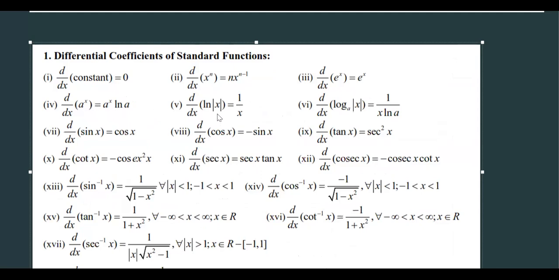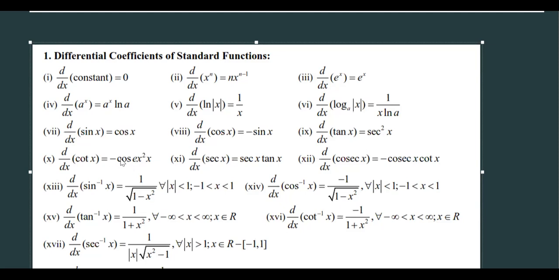Derivative of log x is 1 by x, and log mod x is also 1 by x. Derivative of log mod x to the base a is 1 by x by log a to the base e. Derivative of sin x is cos x. Derivative of cos x is minus sin x. Derivative of tan x is secant square x. Derivative of cot x is cosecant square x.